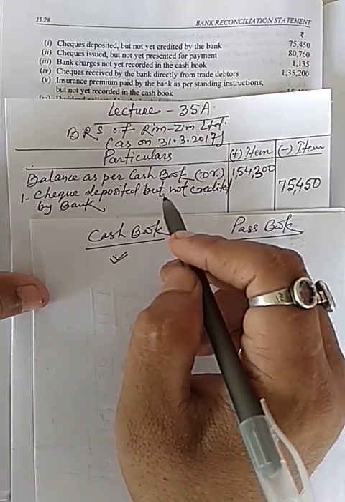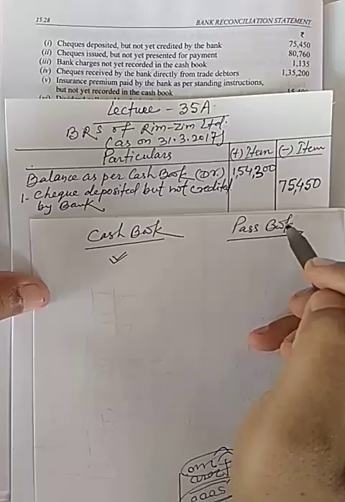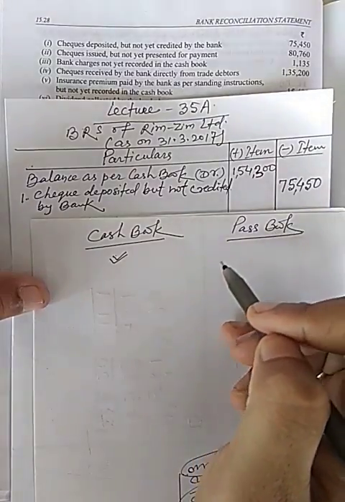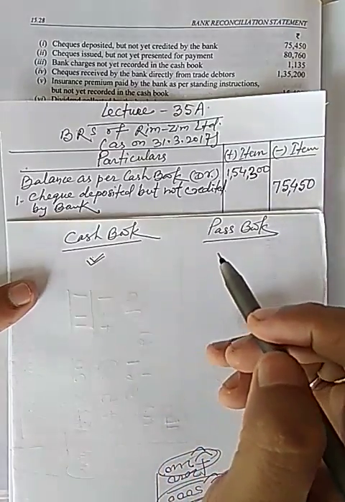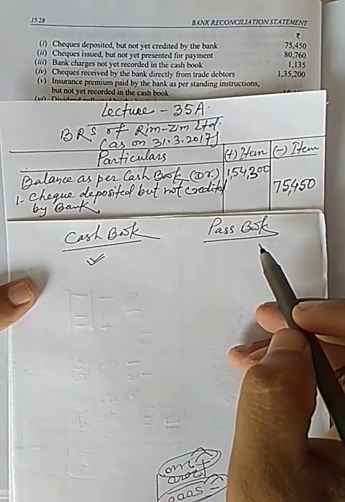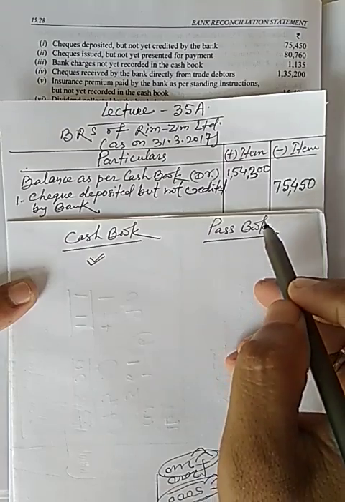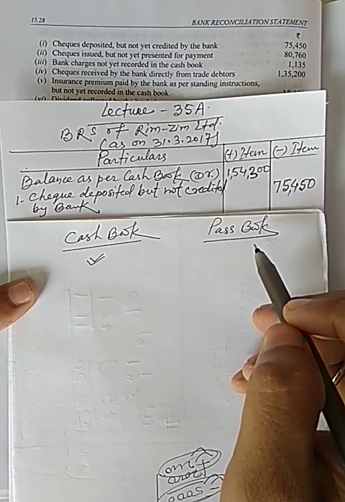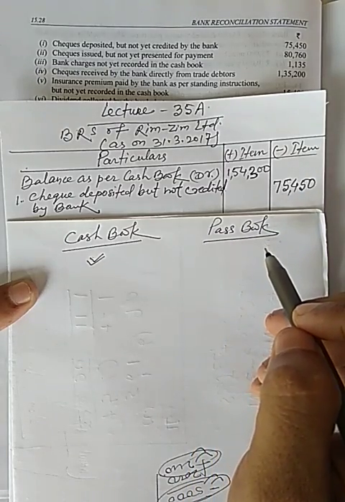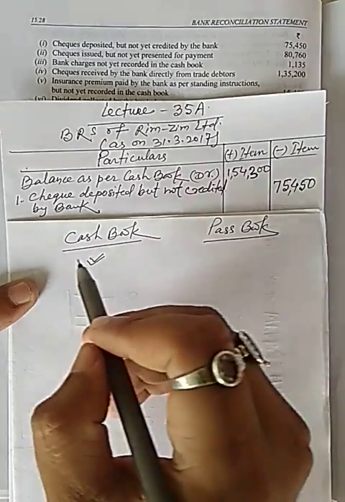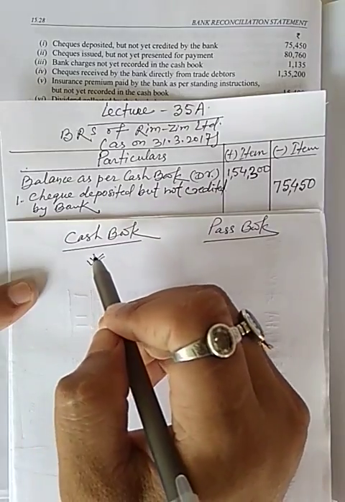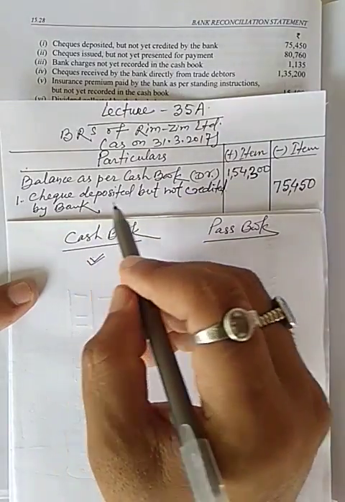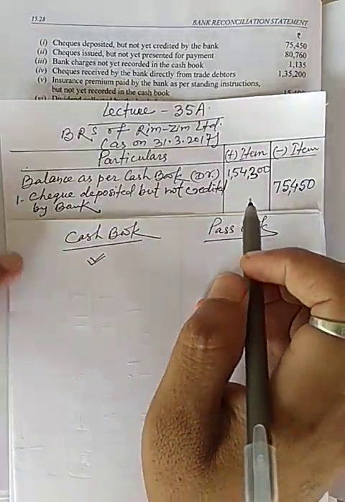But the question is saying but not credited by bank, and in the passbook the cheque has not been deposited. So the passbook shows decreased balance, therefore we have to deduct from my cash book. So I have to write it in minus item.